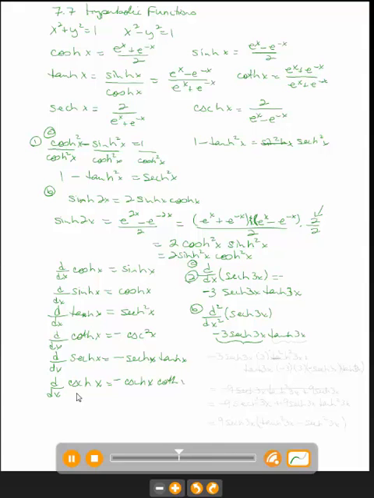We're going to use this as the first, and that is the second, so negative 3 hyperbolic secant of 3x. The first times the derivative of the second. The derivative of the hyperbolic tangent is the hyperbolic secant squared.